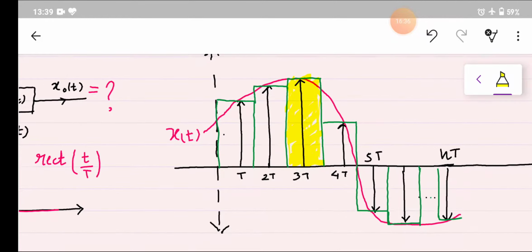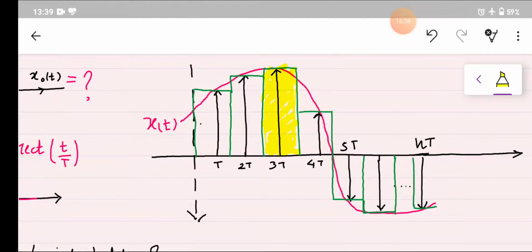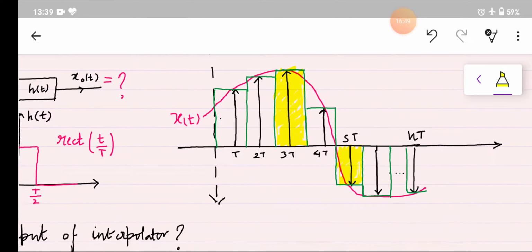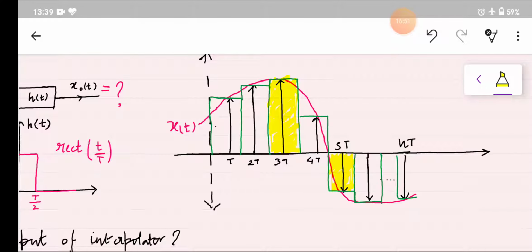Okay, and in this way you have different outputs for different samples. So when the outer periphery of this interpolator output is joined, we will achieve x naught t.